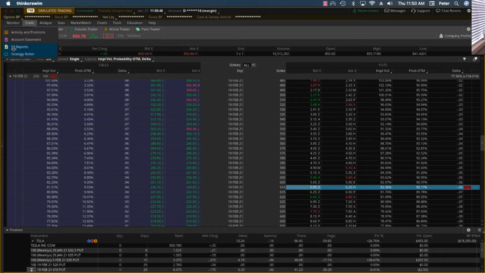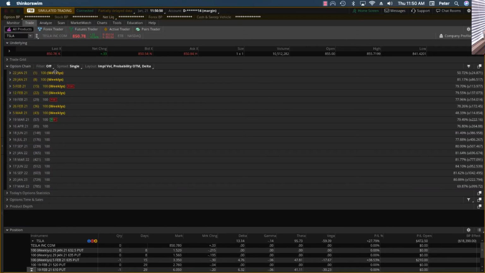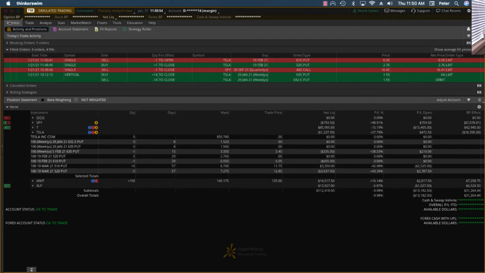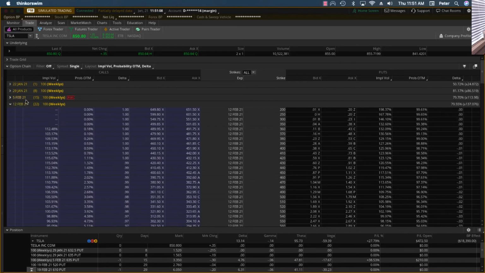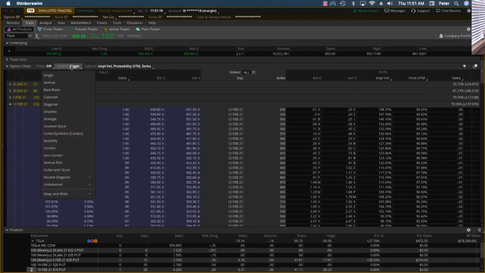So let's go back to this. That was our monthly, and now we need our weekly spread. So 610, right? We'll go to the 12 February, and we'll change this to verticals.